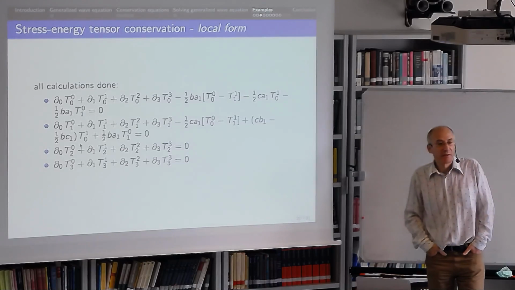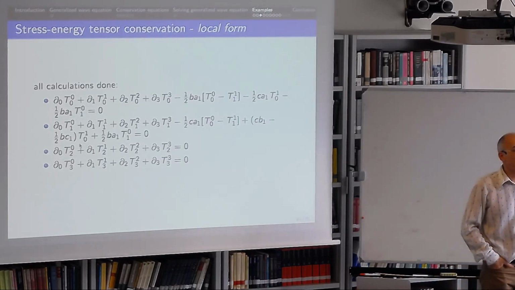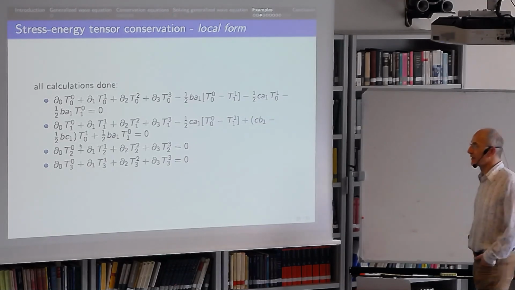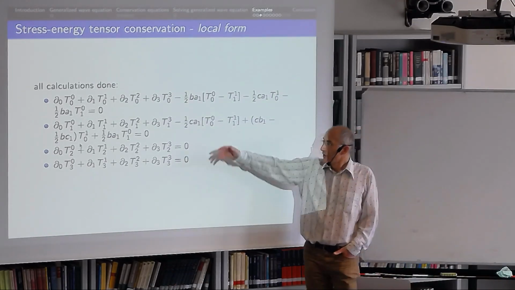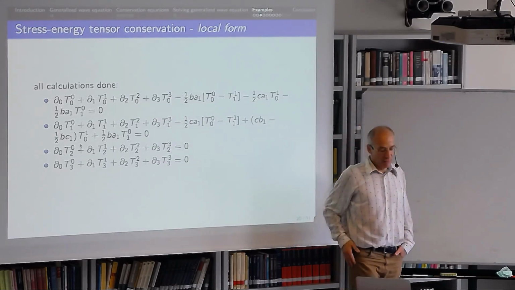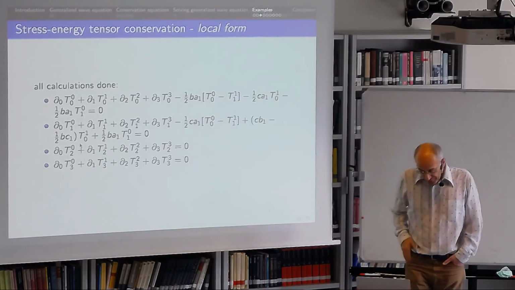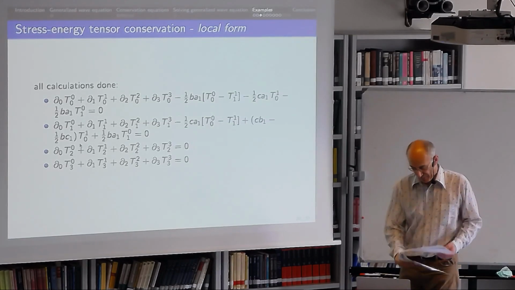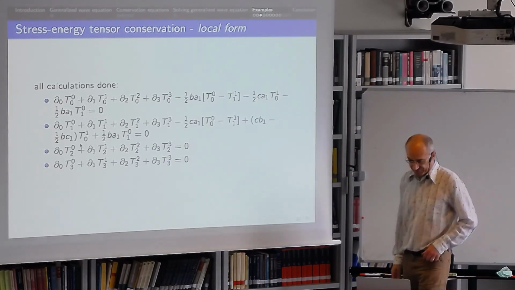It just means that there is no redirection of energy, which is what we expect: if the impedance is constant on the surface, we do not expect to get scattering or things like that. And we'll see in the next step, when we introduce a coefficient which varies along the surface, then we will get scattering.